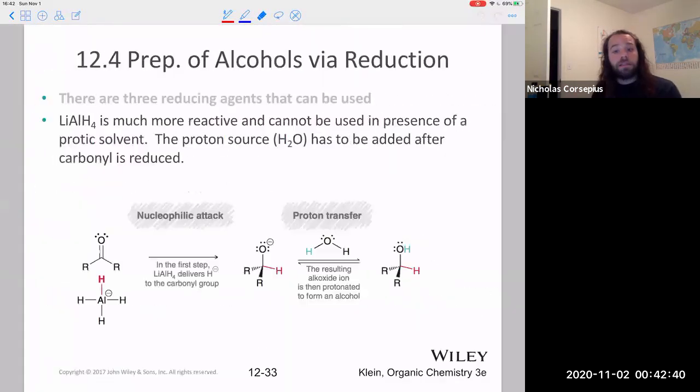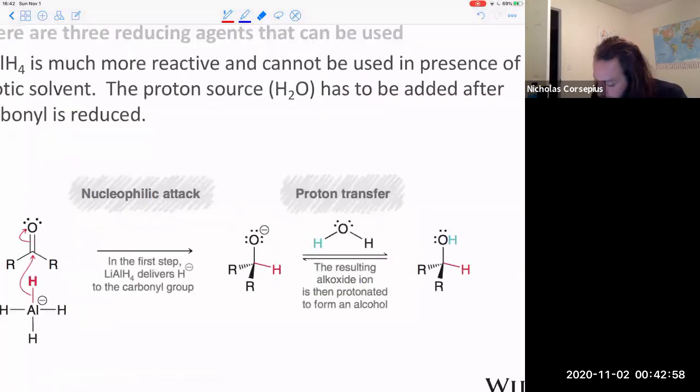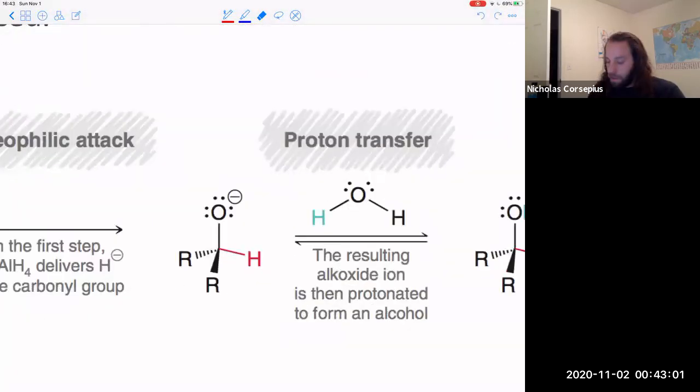All right, and then mechanistically, literally identical, because again, the whole shtick is that these hydrides have nucleophilic hydrogens. So the first step is that nucleophilic hydrogen attacks that electrophilic carbonyl carbon, and that's going to bump that pair of electrons up to that oxygen. And again, it's just stuck here at this alkoxide ion.